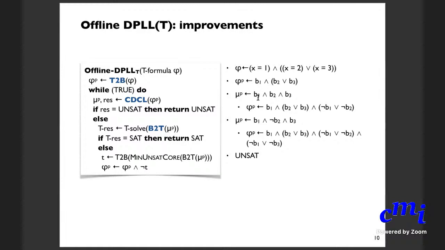For example, if you know that B1 is true, meaning x is equal to 1, then you know that x is equal to 2 cannot be true. If you could consult your solver and derive certain facts from the theory solver, then maybe you can add that. Since you made a decision on B1, if x is equal to 1, can I even have x equal to 2?